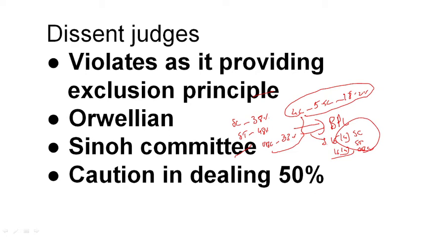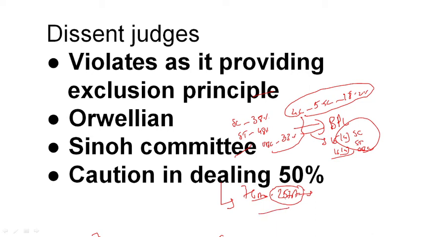Further, Justice U. U. Lalit and Justice Ravindra Bhatt cautioned the government because it is crossing the 50% limit. You know very well that we have the 76th Amendment of the Indian Constitution, which even provided Article 257A, which is also pending in the Supreme Court on the principle of violation of the 50% ceiling.